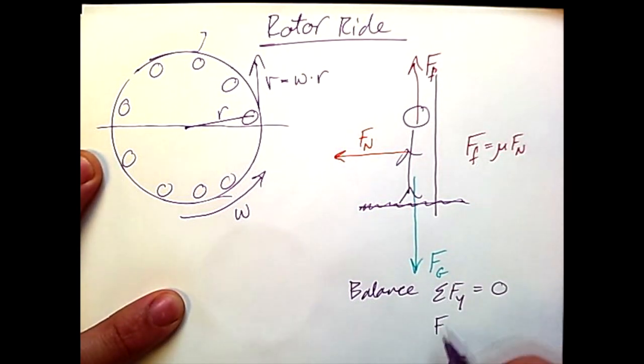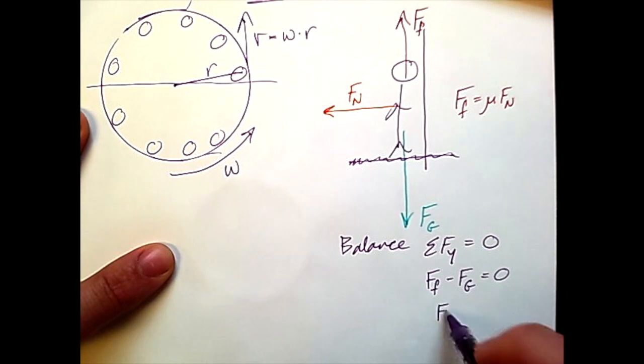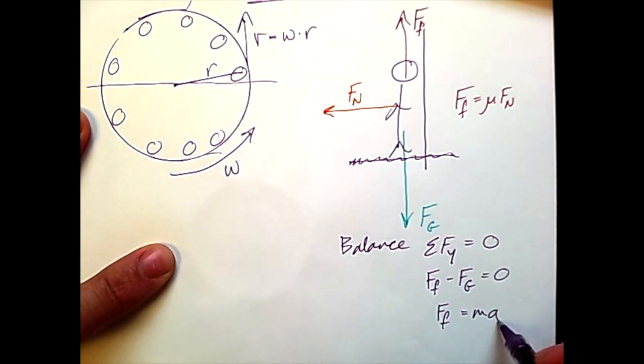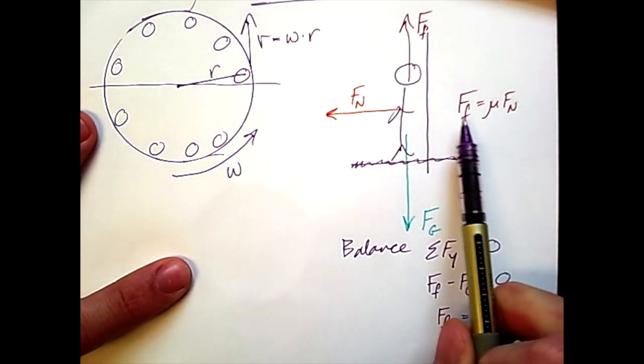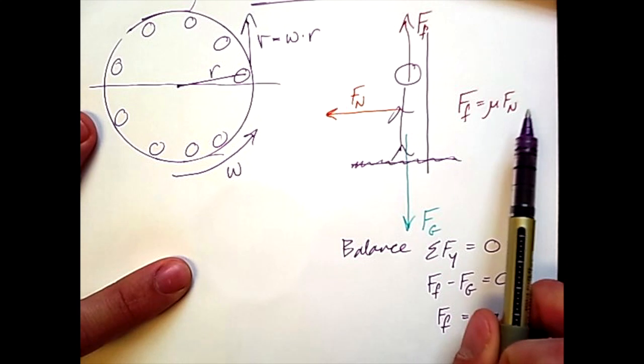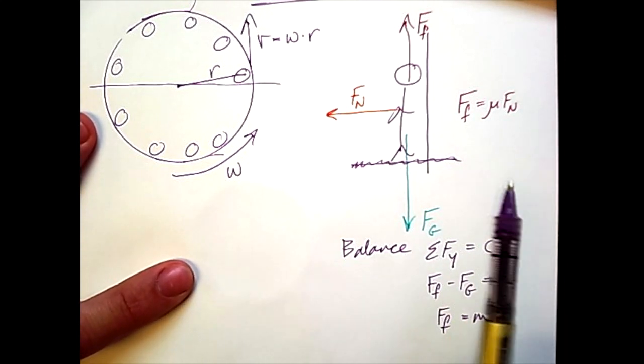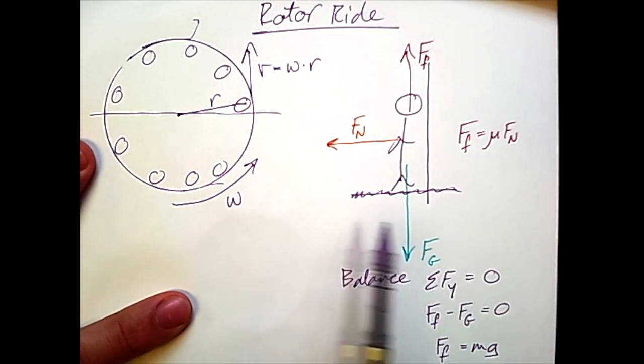So therefore, F of f minus F of g equals zero, and the magnitude of F of f must be m times g. And so we know the magnitude of F of f, but we don't know what F of n is.